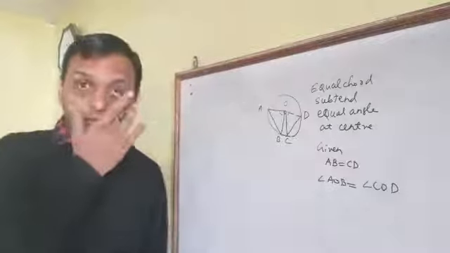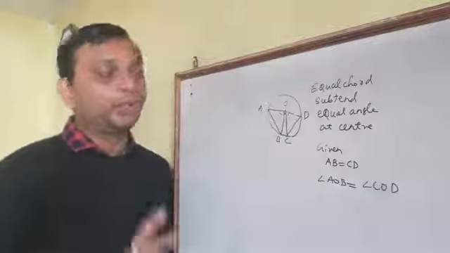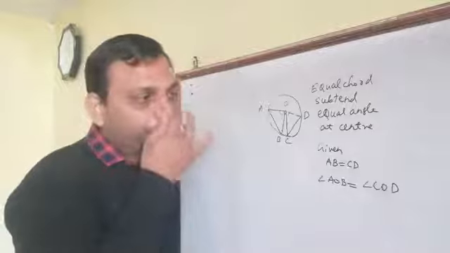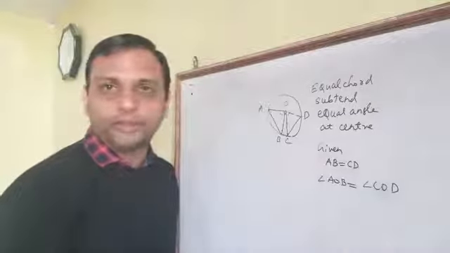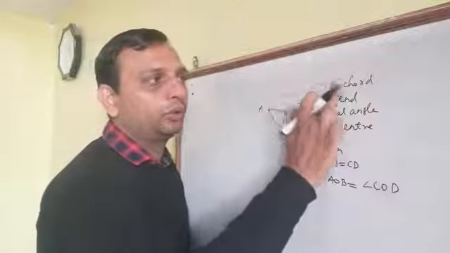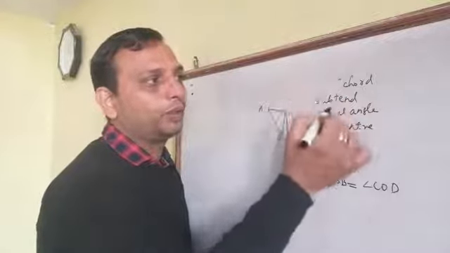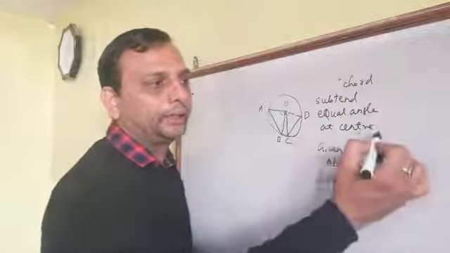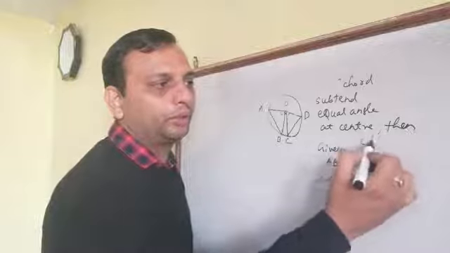Now there is also a converse theorem, 10.2. Converse means just the opposite. It says that if chords subtend equal angles at the center, then the chords will be equal.